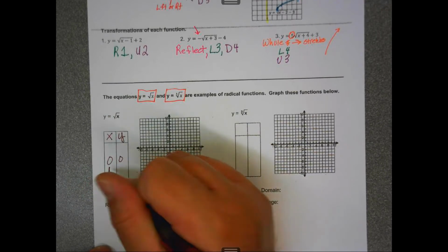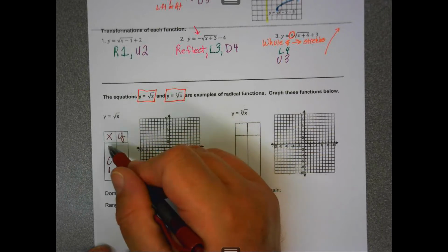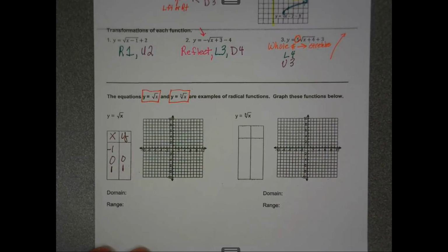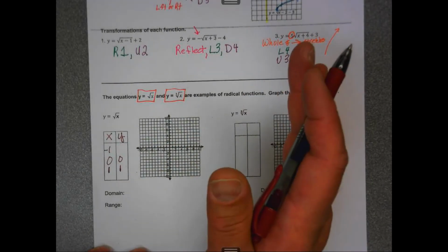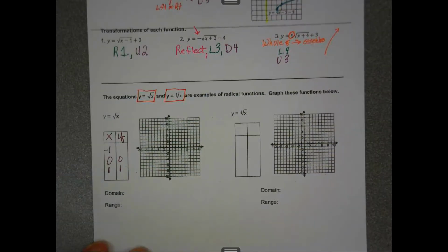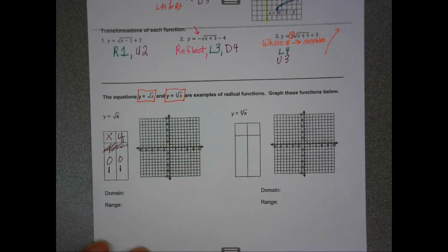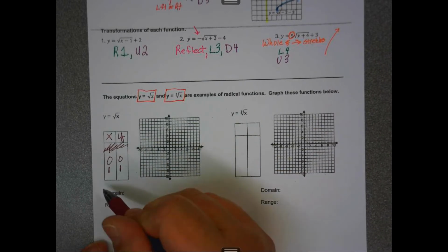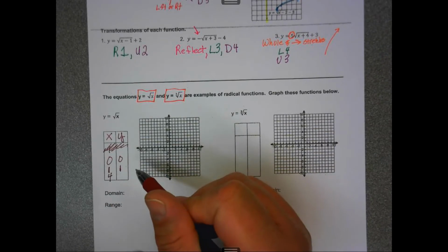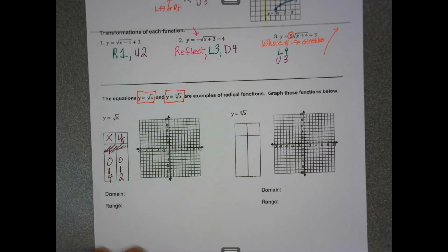Square root of 1 is 1. You know what? I was thinking maybe I'll try -1, but you can't take the square root of a negative without using complex numbers, and we're not going to use complex numbers or imaginary numbers. So we can't do negatives. So I get 1, 1, and my next perfect square, well, 2 times 2 is 4, and the square root of 4 is 2. So I'm going to use at least 3 points.